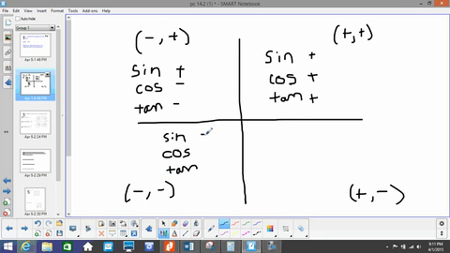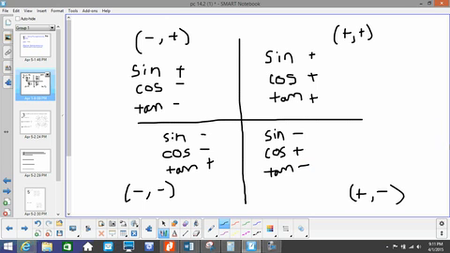Here, my sine is negative, my cosine is negative, but my tangent is going to be positive because a negative divided by a negative is going to be a positive. And when I talk about positive, that means my value is positive. And in my fourth quadrant, my sine is going to be negative, cosine is positive, tangent is negative.